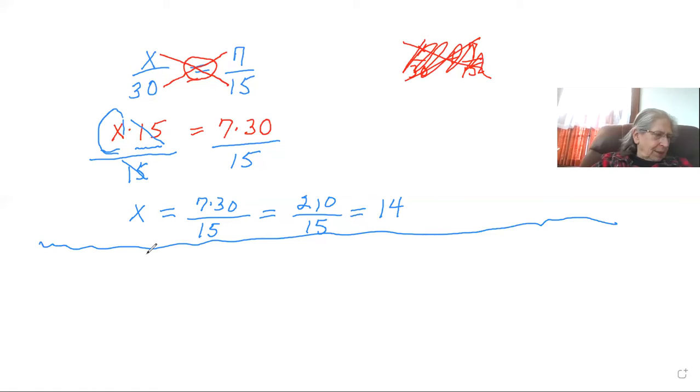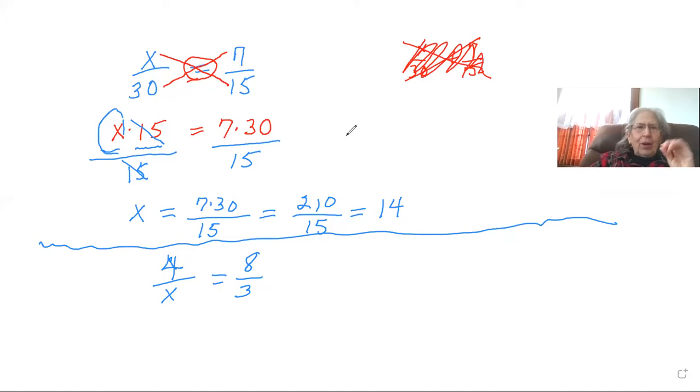Okay, how about another example? Let's try 4 over x equals 8 over 3. Is it the right form? Is it one fraction equals another fraction?